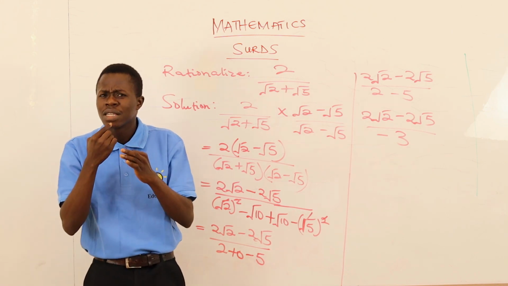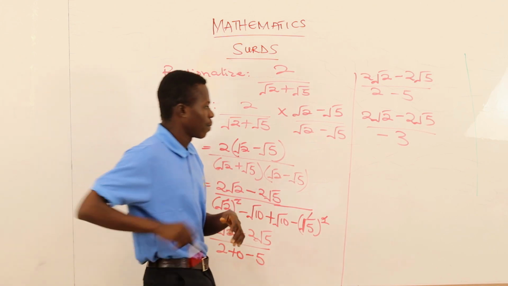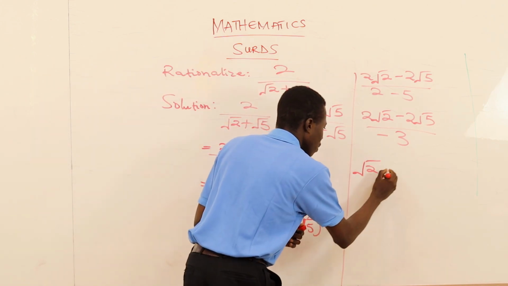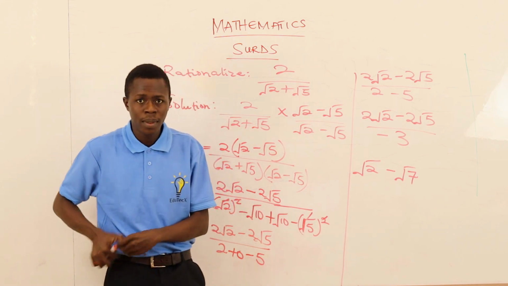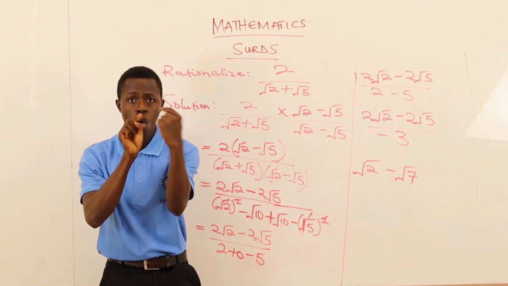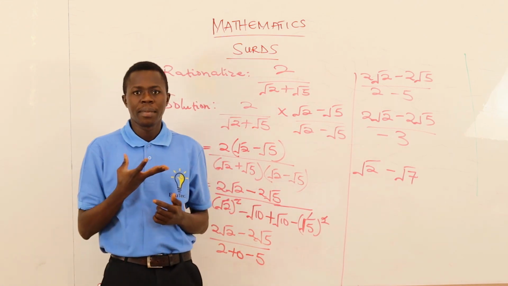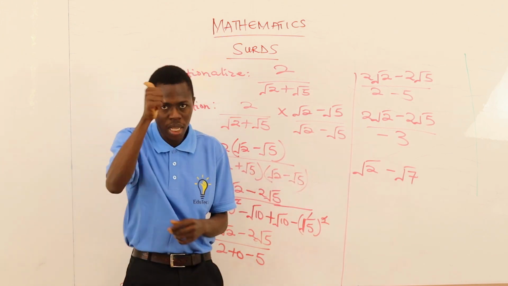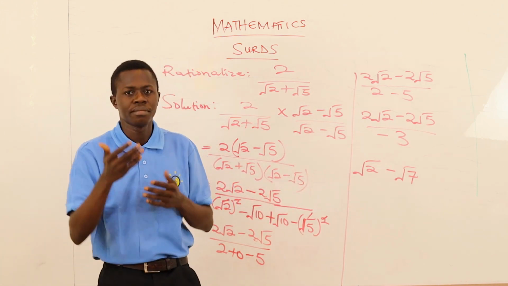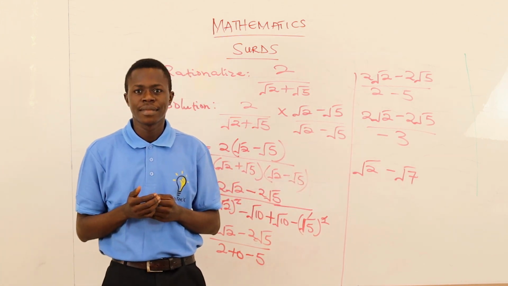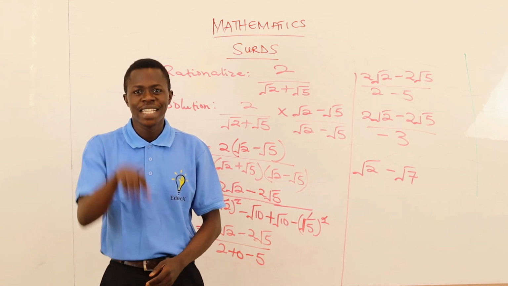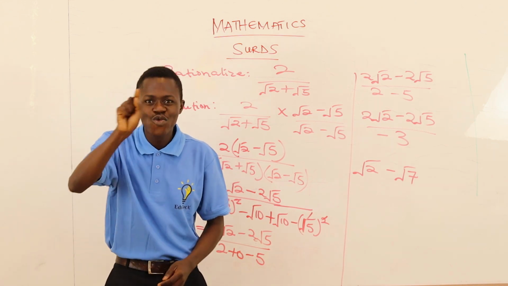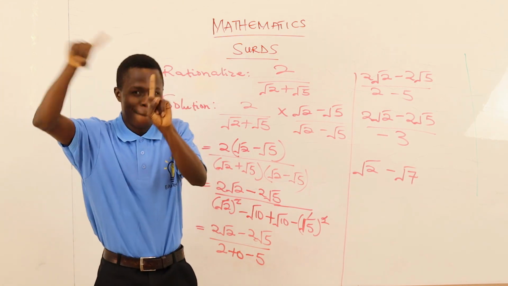One question, just think about it. If, for instance, we have an expression that has the denominator square root of 2 minus square root of 7, what will be the conjugate said? What will be the conjugate of this particular expression? Just try. Yes, you are right.